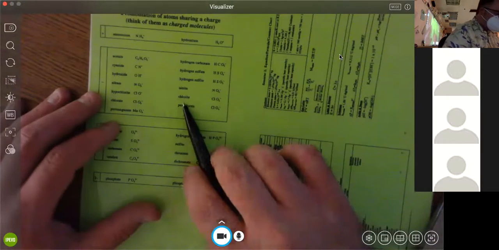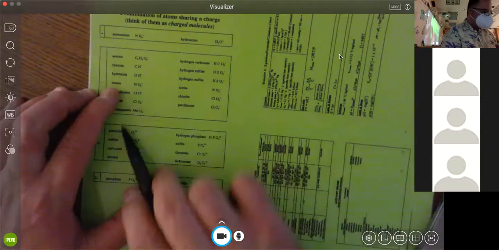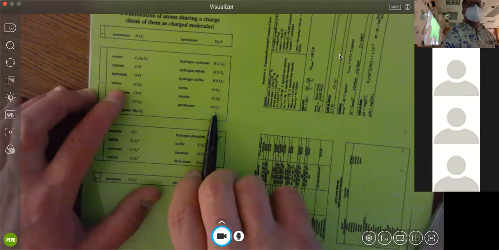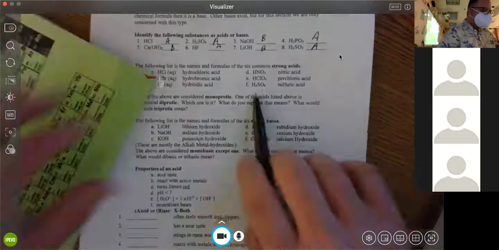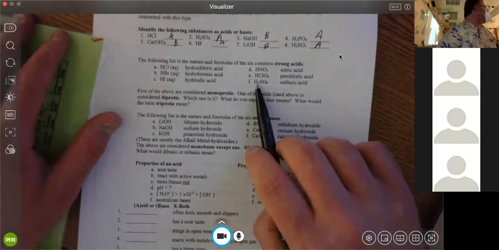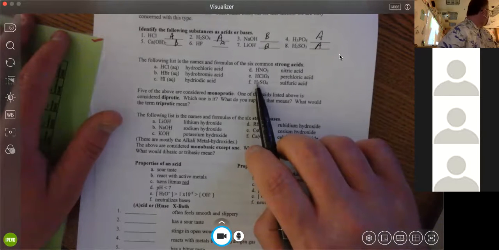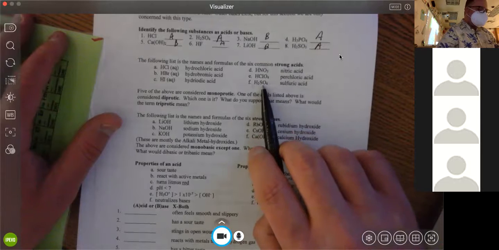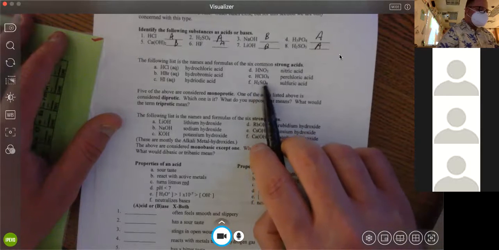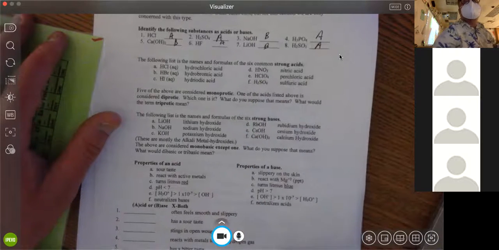Notice sulfate has a -2 charge. That's why it has 2 hydrogens, because each hydrogen, if you recall, has a +1 charge. So nitrate, perchlorate, and sulfate give nitric, perchloric, and sulfuric acid.